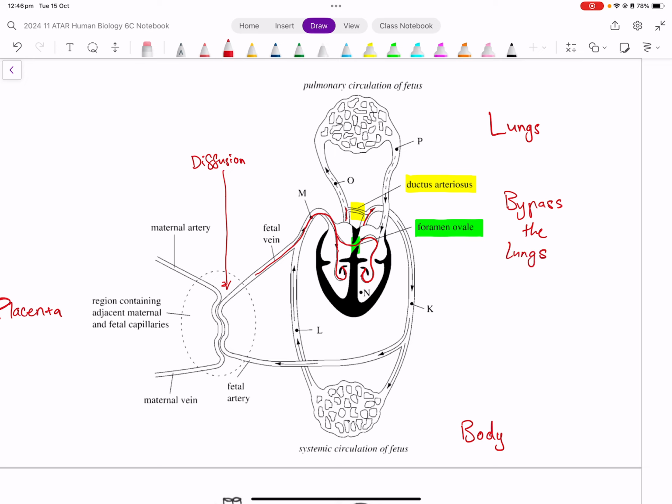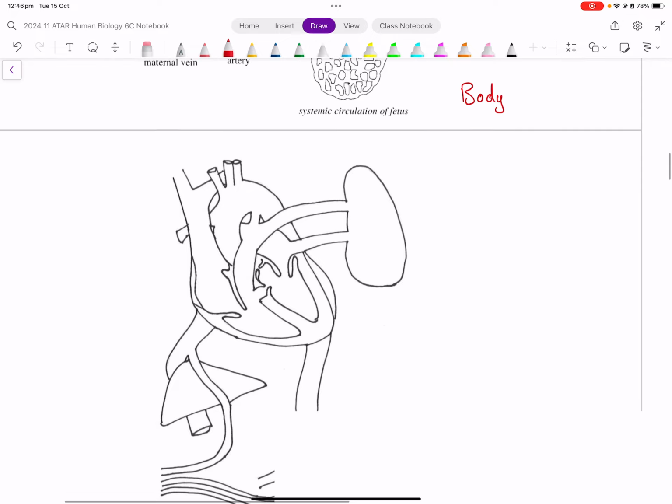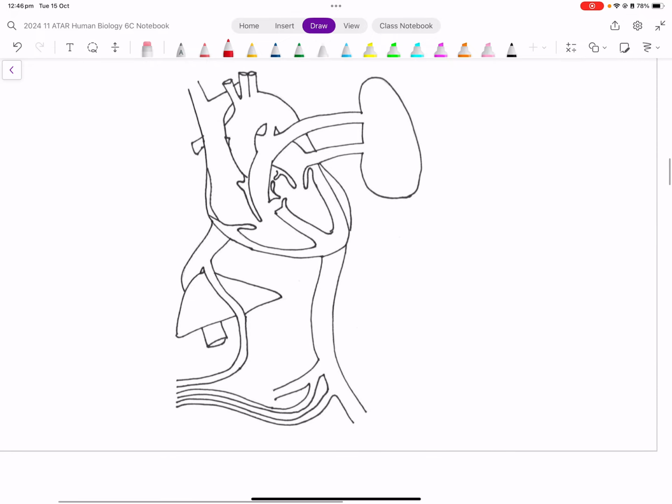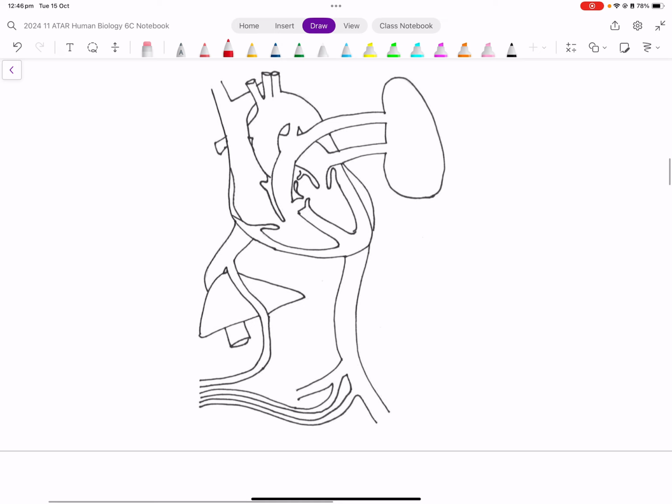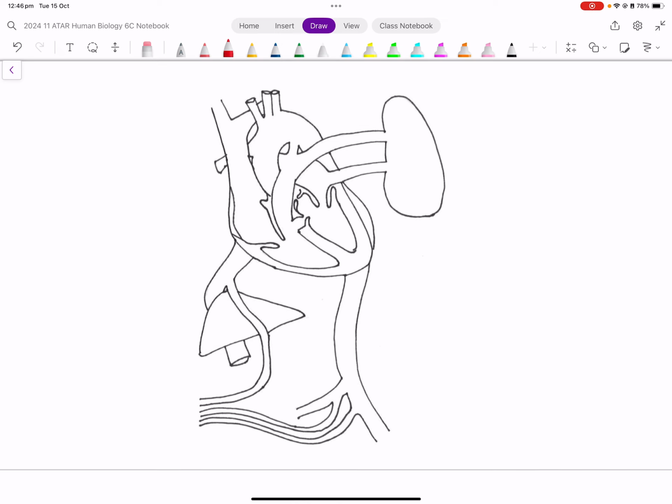Now, as we mentioned at the start of the lesson, there was the ductus arteriosus, the foramen ovale, and lastly, there was one other structure known as the ductus venosus. The ductus venosus is a pathway that allows the fetal vein to bypass the liver. So this structure that I'm labelling now is the liver, and normally it is supplied thanks to the hepatic portal system.